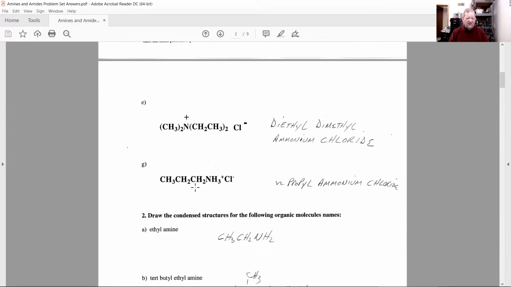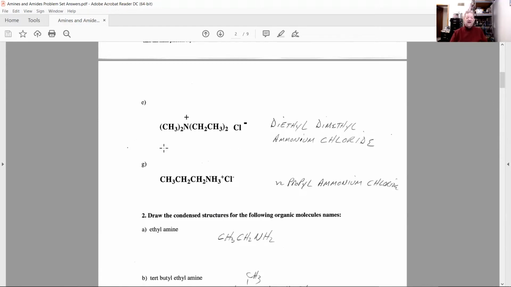E, what do we have? A nitrogen with a plus charge. Notice there's 2 + 2, 4 alkyl groups on there, and a halogen anion. That's a quaternary ammonium salt. And how do you name those?